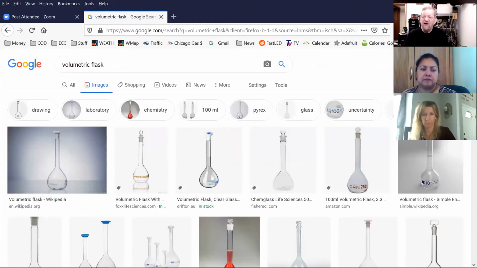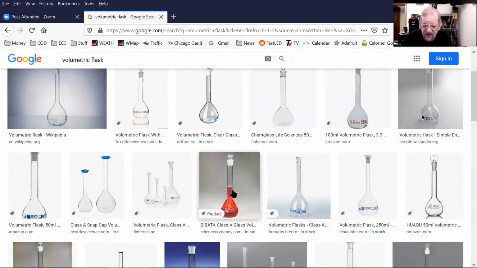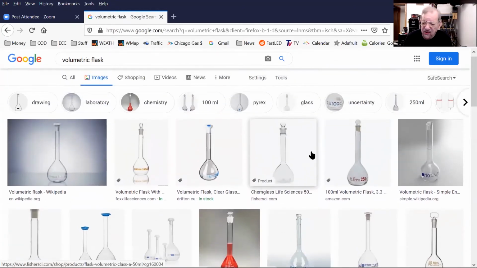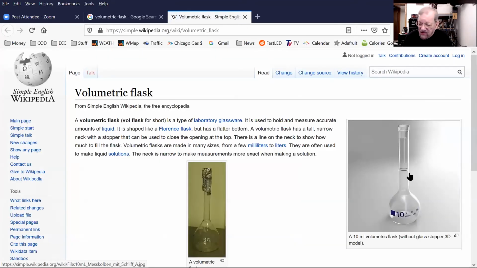All right, these are called volumetric flasks. And if we look at one, let's see if I can find a good one. Here, this one. You look right here, it says 10 milliliters, and see the line right there? When you fill this up like a graduated cylinder, you put your solid in there, fill it about this far, put a stopper in, mix it, and then once it's dissolved, you add enough of the rest of your solvent so the meniscus reaches that line.